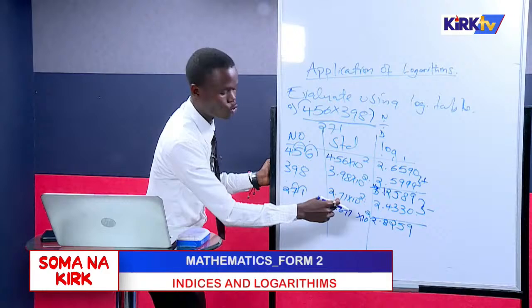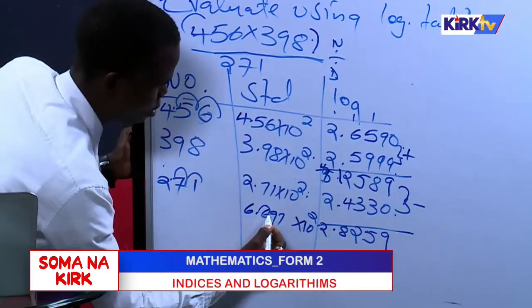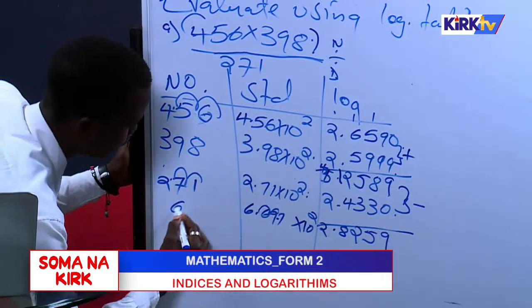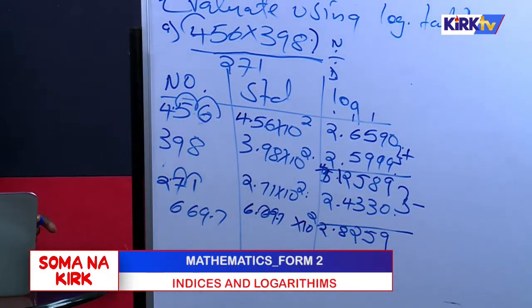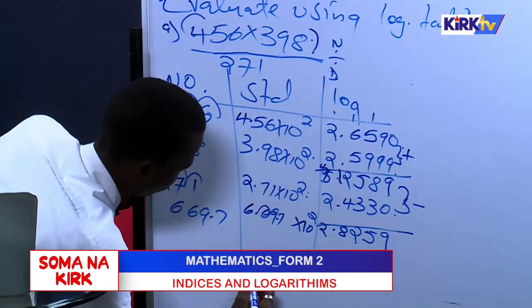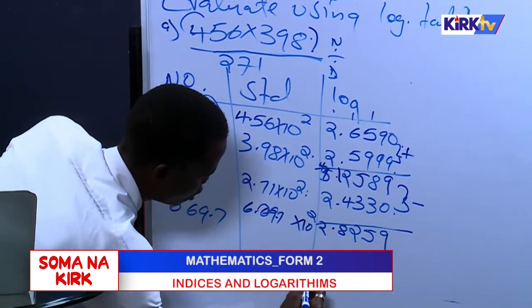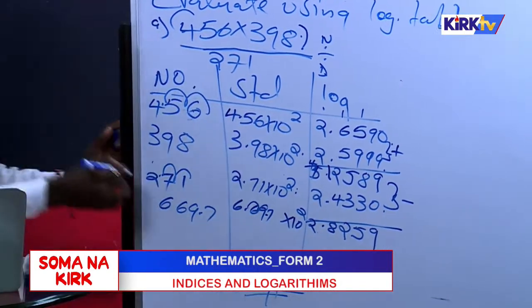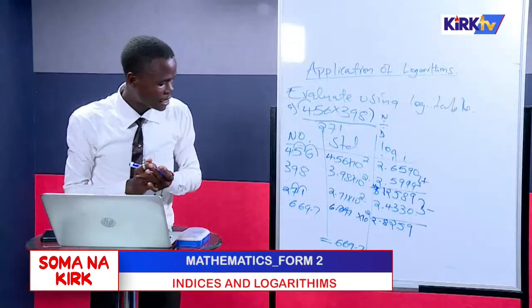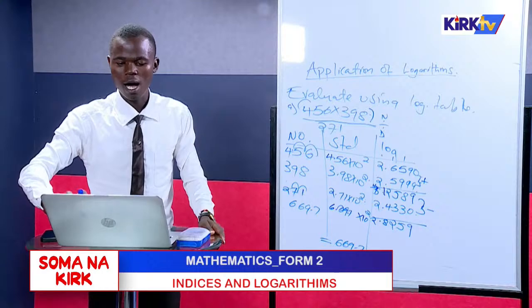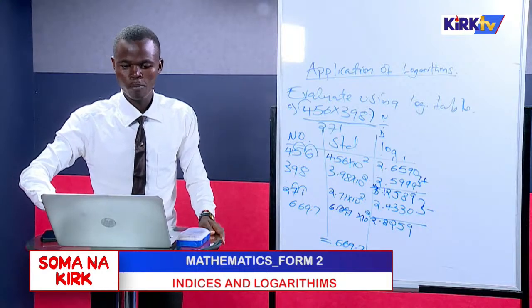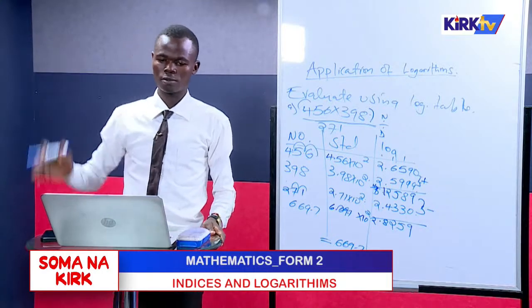So we multiply by this, we move two places. 1, 2. So our answer will be 669.7. So our final answer will be 669.7. That is our answer after working out that.